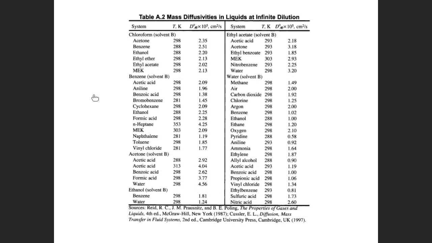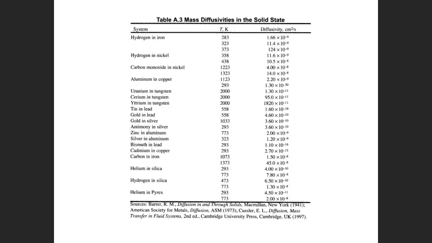There are also other systems, for example, benzene-acetic acid, benzene-ethanol, acetone-acetic acid, ethanol-water, ethyl acetate and water, and others, aniline, ammonia, acetic acid, etc. Different systems have already been given to you. The last one is for the solid state.